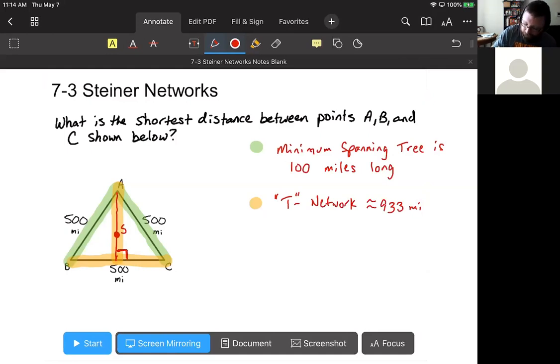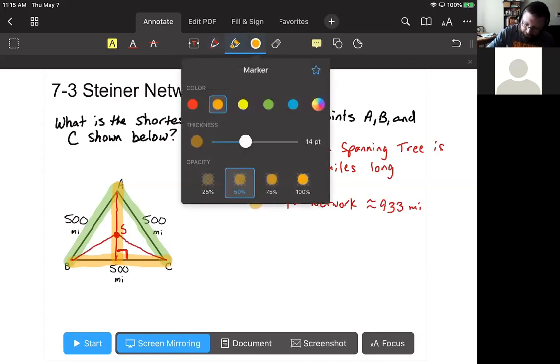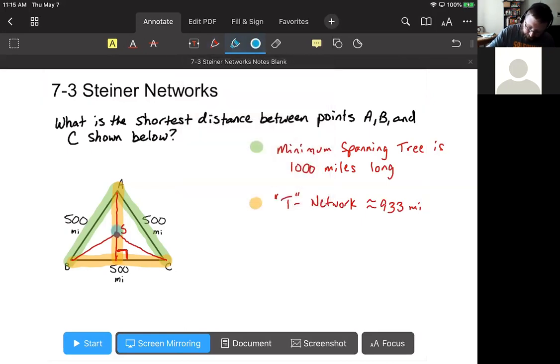1,000 should be 1,000. You're right, 1,000 miles. Sorry. Okay, so we got the minimum spanning tree is 1,000 miles. The T network is 933 miles. But this Steiner point, if it's connected to all three vertices of the triangle, that distance from the Steiner point to your three vertices is known as the Steiner network.